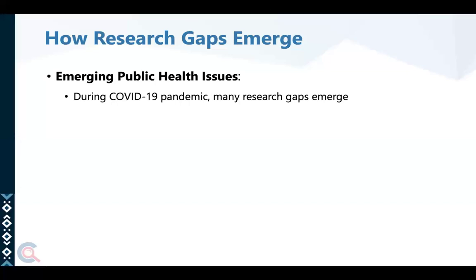So when you have public health emergencies, a lot of research gaps emerge. And the pandemic is very, very good evidence for the tons of research questions that emerged during that time.